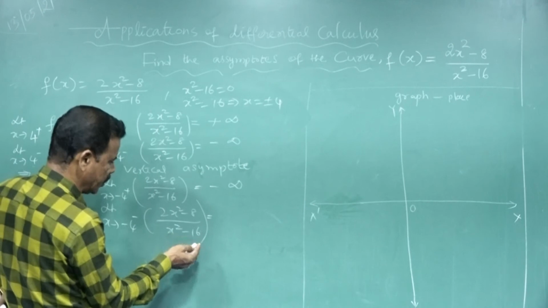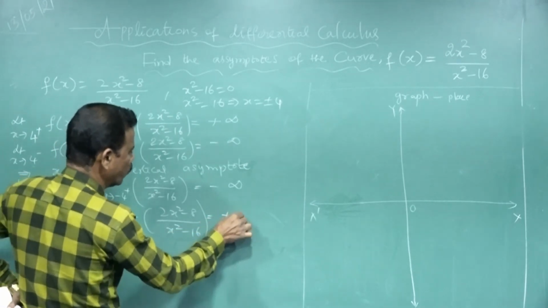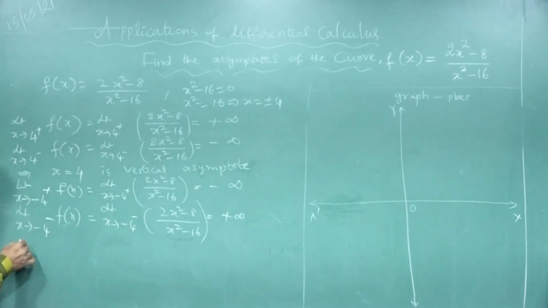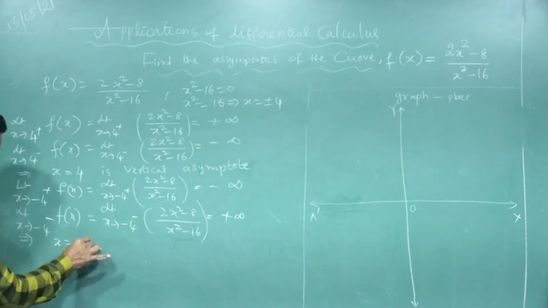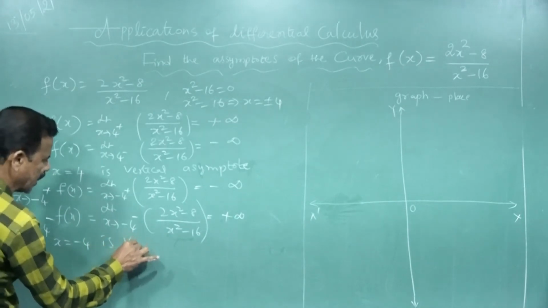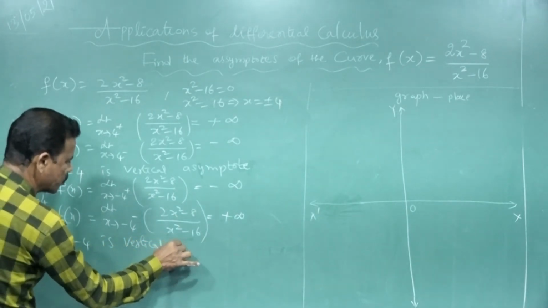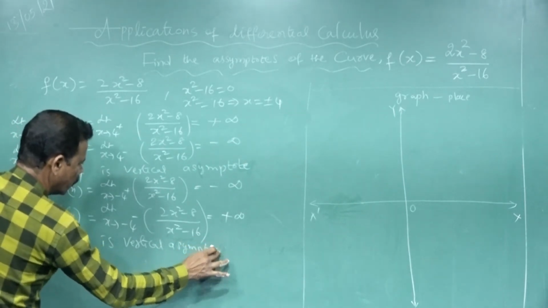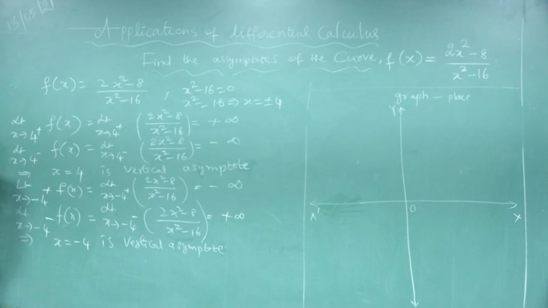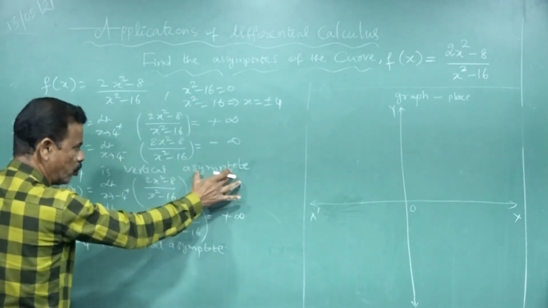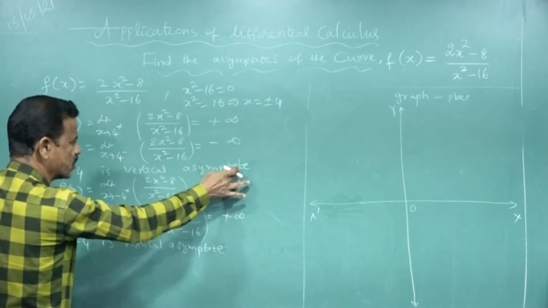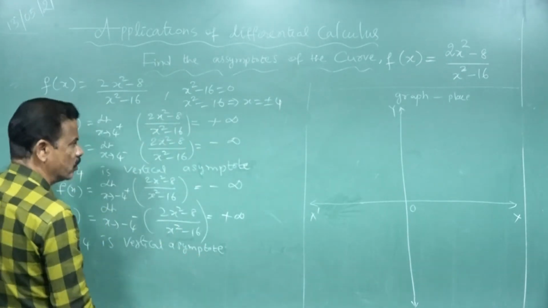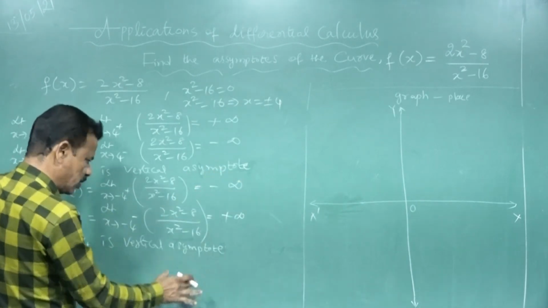So this value is plus infinity. So this implies x = minus 4 is also a vertical asymptote. This is also an asymptote.